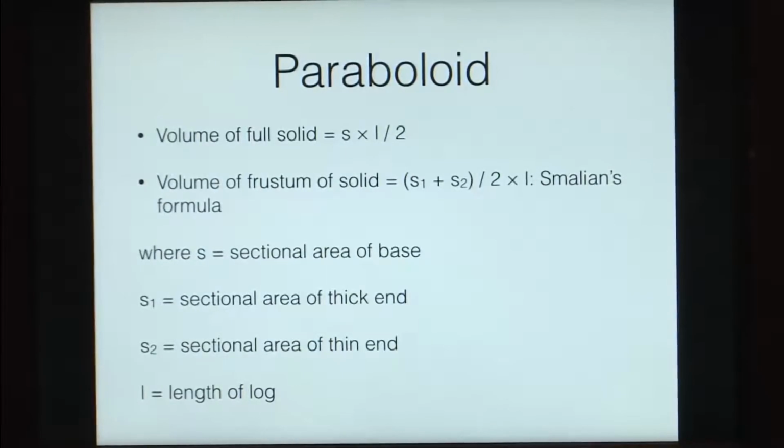In the case of a paraboloid, the volume of the full solid is given by S into L by 2. If you remember, in the case of a cone, the volume was 1 by 3 pi r square h. In the case of a paraboloid, in place of 1 by 3, it is 1 by 2. So, the volume of the full solid is given by S into L by 2, and the volume of the frustum of the solid, if we take Smalian's formula, is S1 plus S2 by 2 into L.